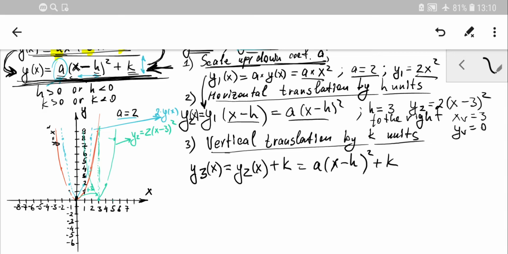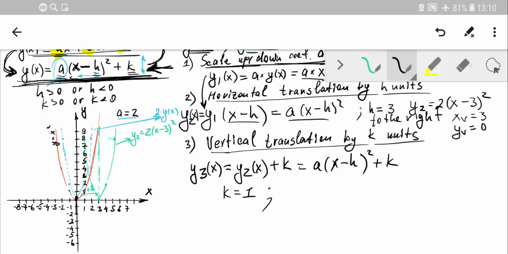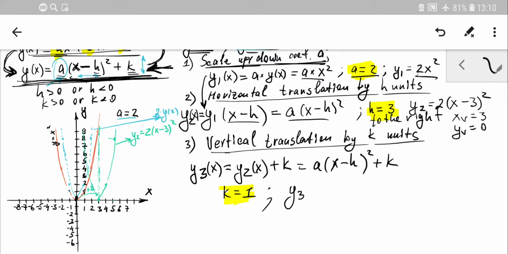Simply what we'll get. So for our case, let's take for simplicity k equals, let's say, 1. We just simply translate it by 1 unit up. And that means for all parameters, with a equals 2, horizontal shift by 3 units to the right, and now the new parameter, the vertical shift for the parabola, k equals 1, we'll get our y3 function equal to, instead of a, we just simply use the previous expression for y2, which is here, right?